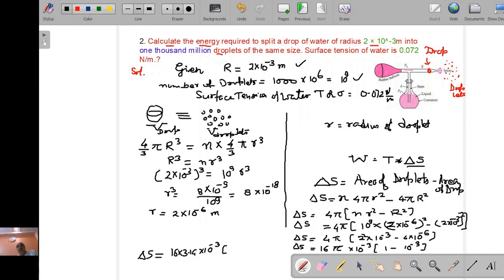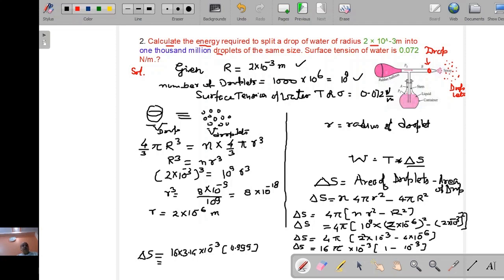So it comes out 0.999, nearly 1. So delta S comes out 16 into 3.14 into 10 to the power minus 3 meter square. Right?